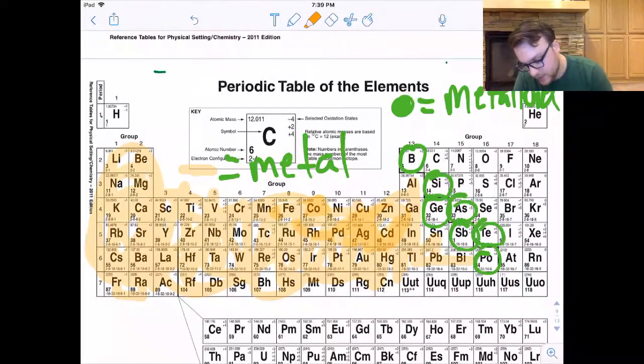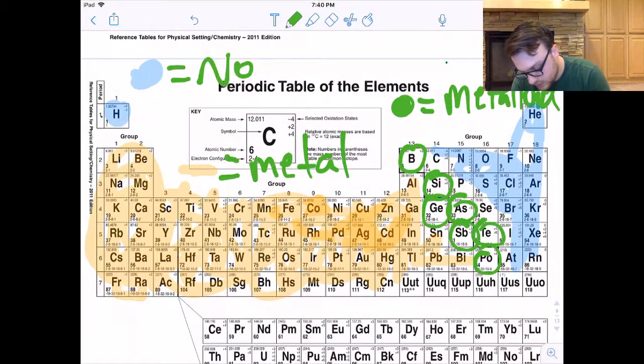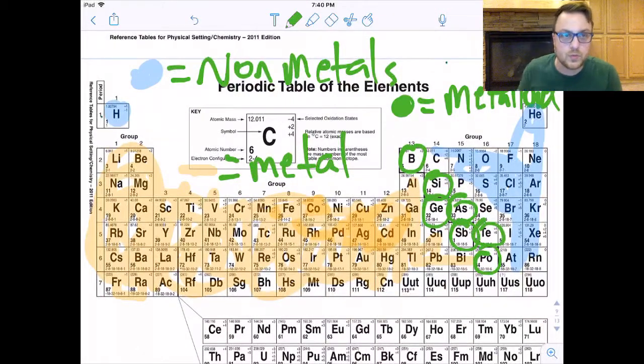And then what I'm going to highlight in blue are your nonmetals. I covered that in one of the videos I did. I don't really remember which one.